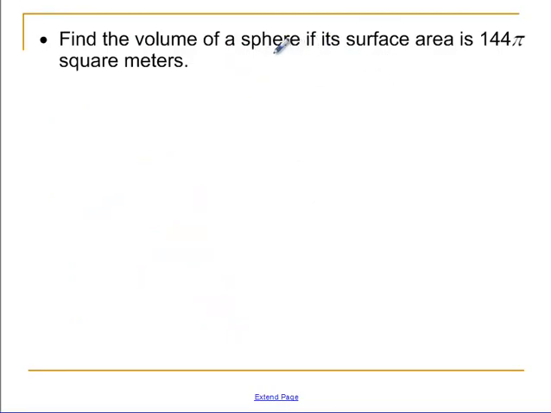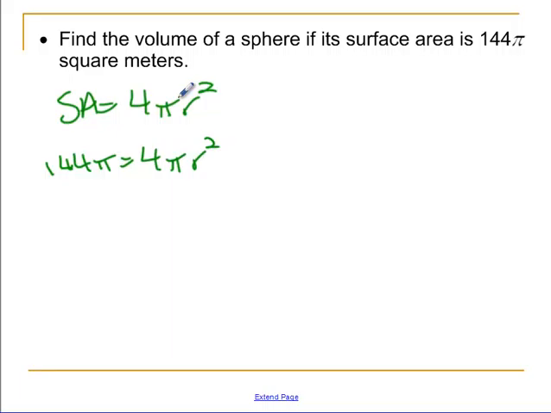So find the volume of a sphere if the surface area is 144 pi square meters. So remember, surface area of a sphere was 4 pi r squared. So 144 pi equals 4 pi r squared. I'm going to divide by 4 first to start solving for r, and I get 36 pi equals pi r squared. Cancel out pi's, let's take the square root.